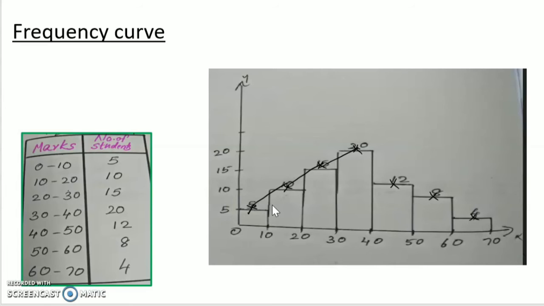That is the only difference. The other one we draw with a scale only, as straight lines, and here it is a freehand smooth curve. Always keep that in mind: a smooth frequency curve. That is also very important for objective type questions. So this is the frequency curve.